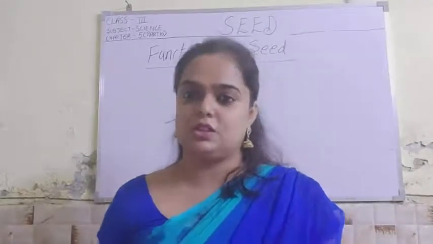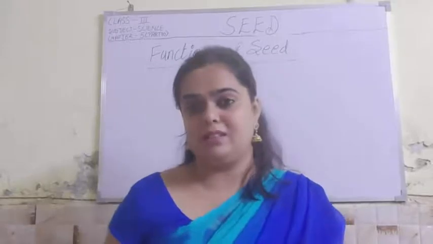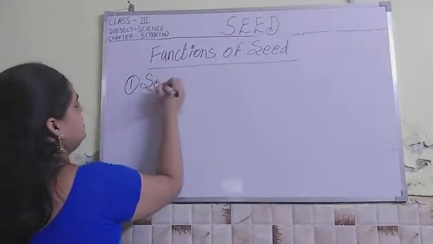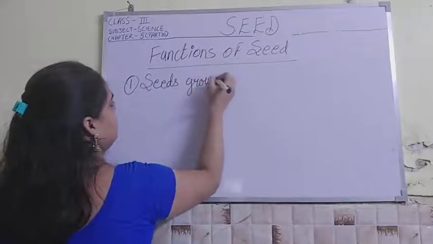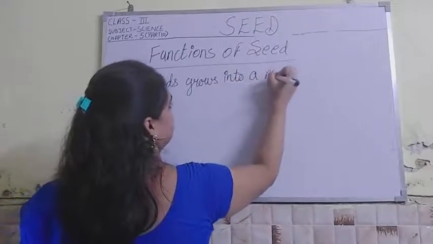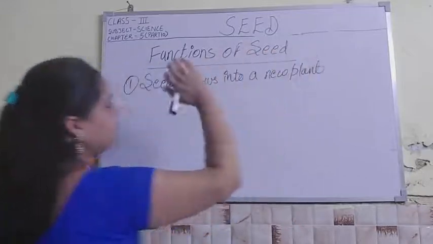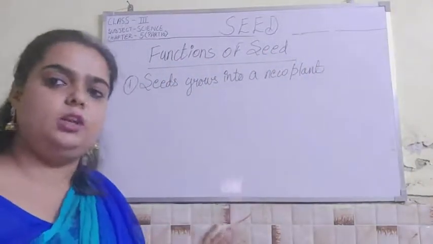The first function is seeds grow into a new plant. Children, this is the foremost function of a seed, that it grows into a new plant.